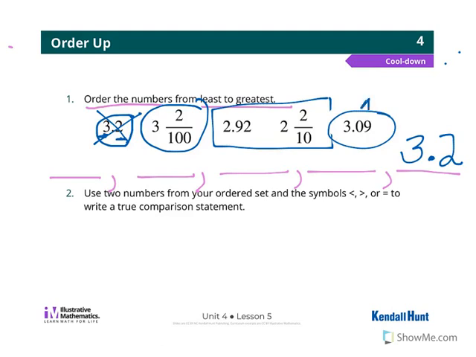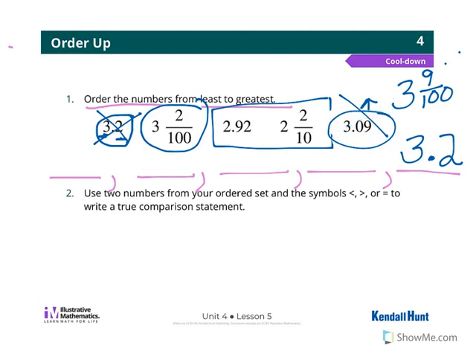Now if I look at 3 and 9 hundredths, I can write that as a fraction to help me compare. I know 9 hundredths is more than 2 hundredths. So 3 and 2 hundredths has to be smaller. Oh wait, but I'm doing great. Okay. So it's going to be smaller.